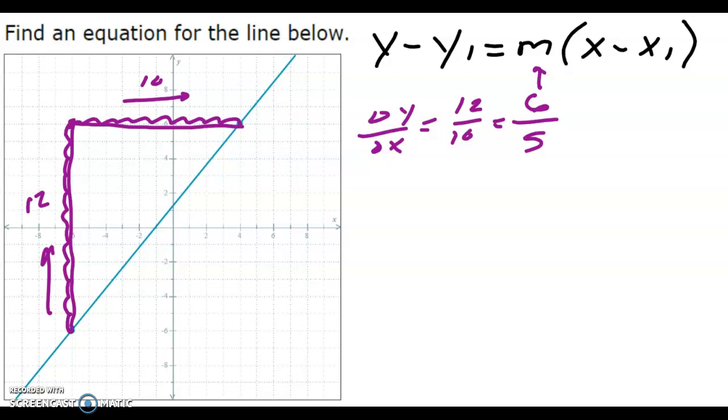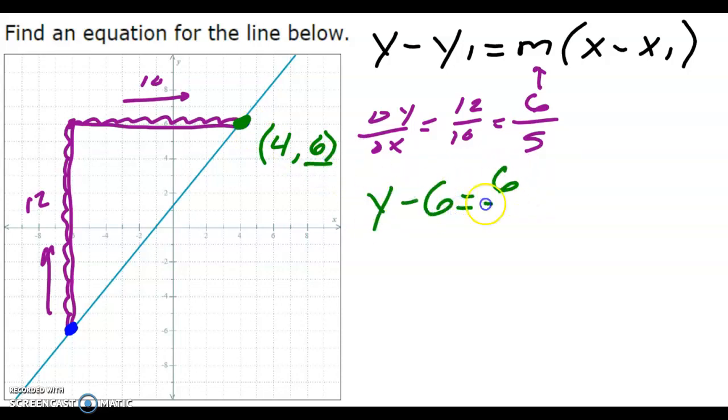And then the last piece to this equation is going to be using one of those points to plug in as the x1, y1. Doesn't matter which point. Let's just go with this one, just for the heck of it. So we've got the ordered pair here of 4, 6. Okay, so your y minus your y1 is going to be y minus 6.